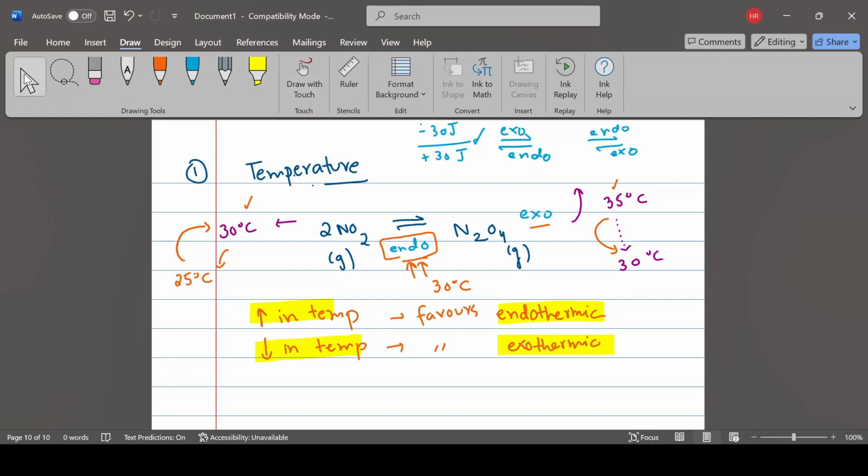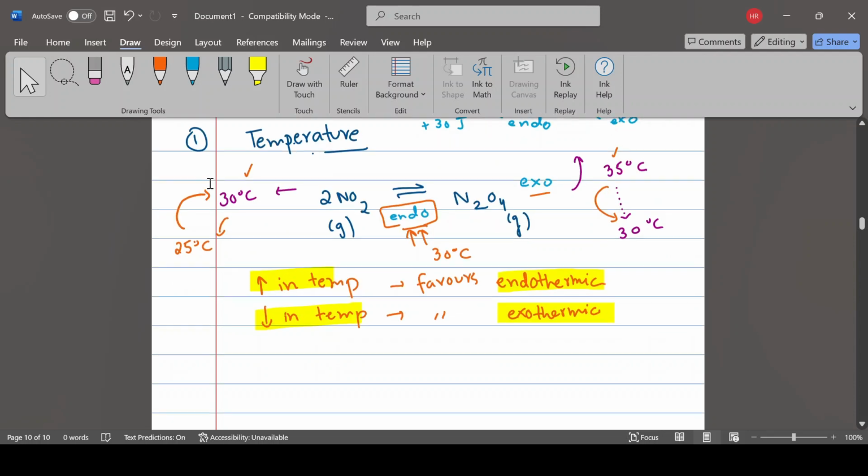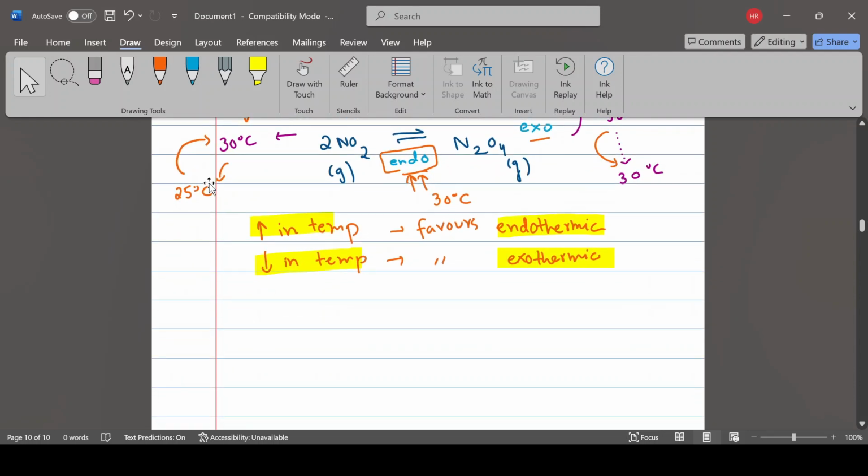Okay, now one more thing here is, when we say it favors endothermic reaction or exothermic reaction, how is the equilibrium going to be affected? Favoring one type of reaction affects the equilibrium position, and equilibrium shifts to one particular side. If the endothermic reaction is being favored, that means the backward reaction is being favored, which means this side of the reaction is being favored, right?